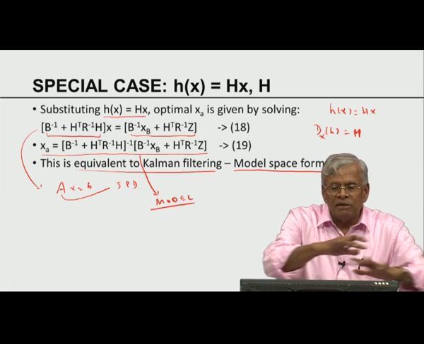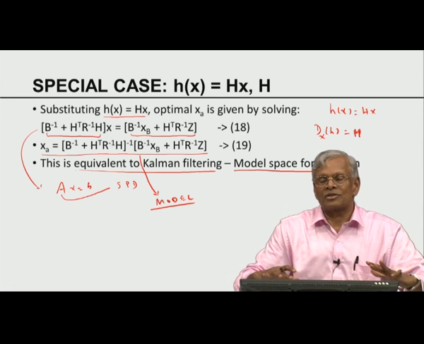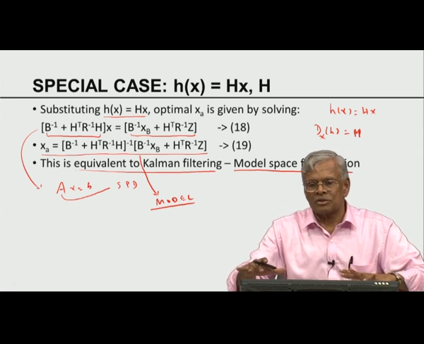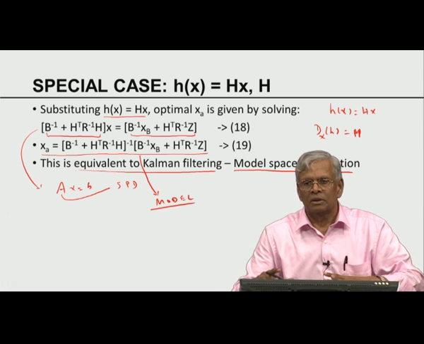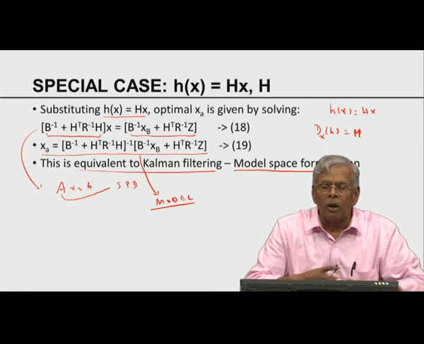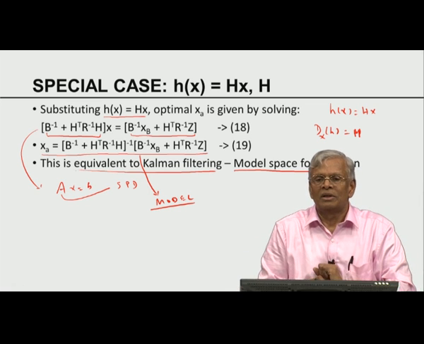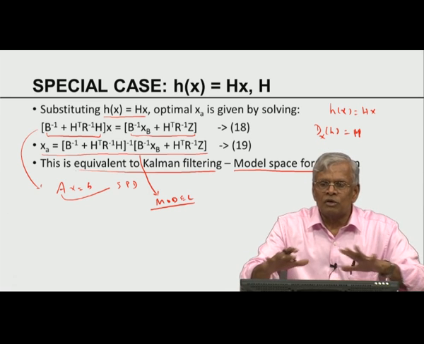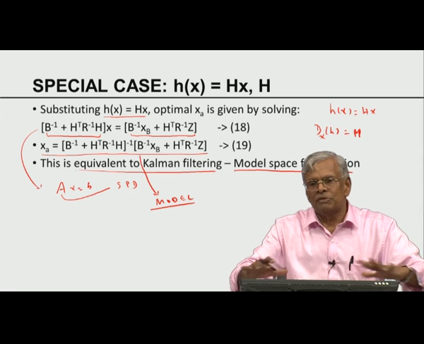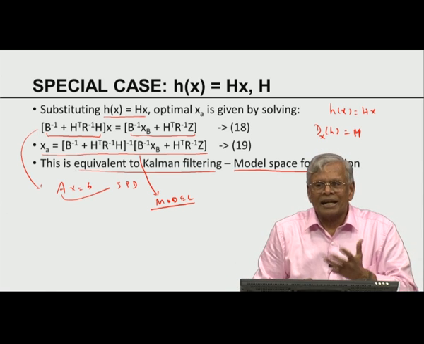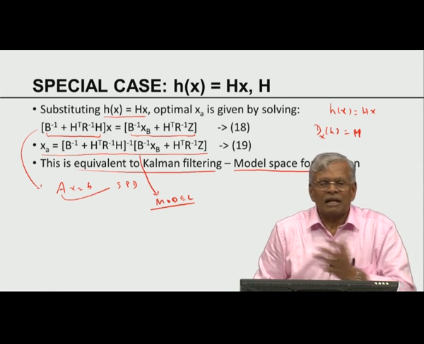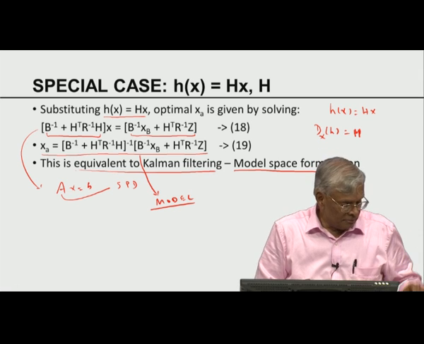So now I believe the whole thing is falling in place. Bayesian, linear minimum variance, 3D-VAR, Kalman filter, all these things are close cousins of each other, and even though the ideas come with different labels and different names, the underlying mathematics is very nearly similar or the same.